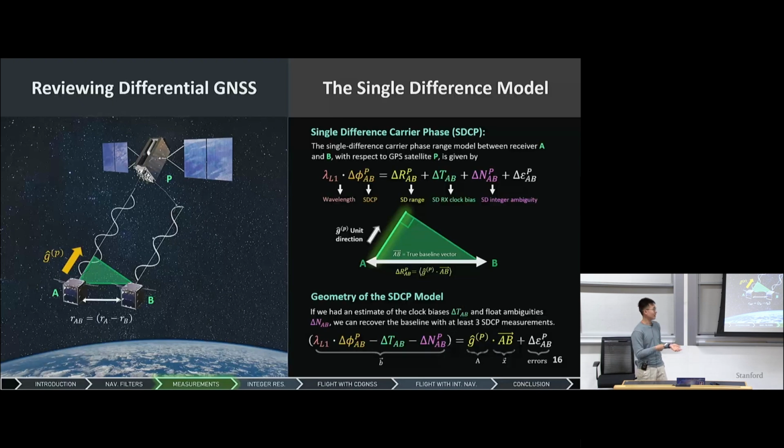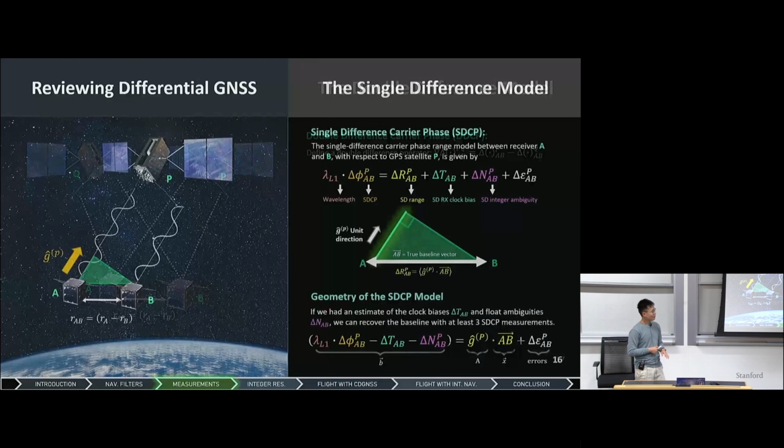This is your classic Ax = b problem, except you don't actually know what your differential single difference receiver clock biases are, and you also do not know what your single difference float ambiguities are. So there's one impediment to you solving this Ax = b problem.